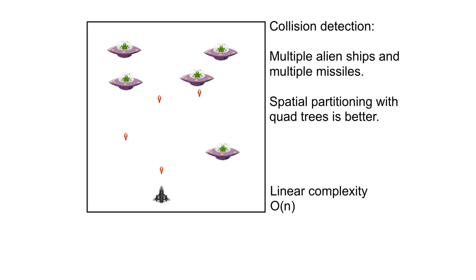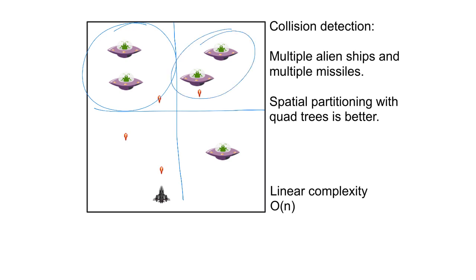The idea of spatial partitioning is that we somehow divide the screen into quarters, because we know that the objects in the top left-hand quadrant are the only ones that can really collide with each other. Similarly, objects in the other quadrants are the only ones that can collide with each other. Therefore, we're going to significantly reduce the number of objects that we need to check against each other, and we'll reduce the time complexity involved by doing so.